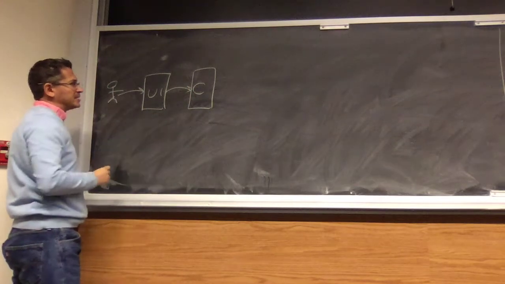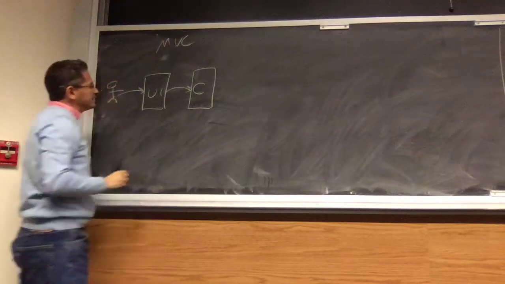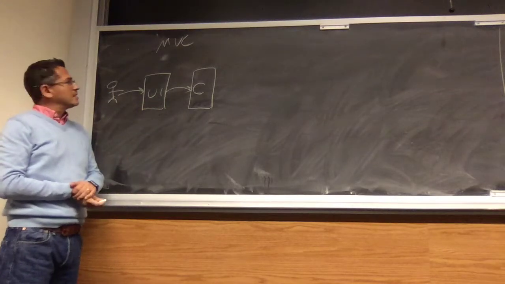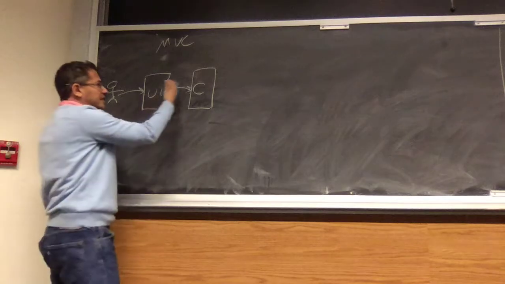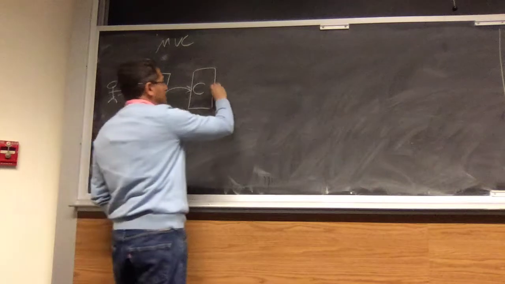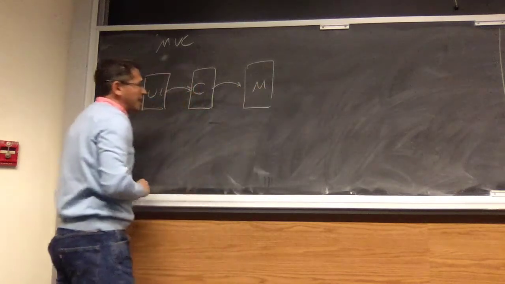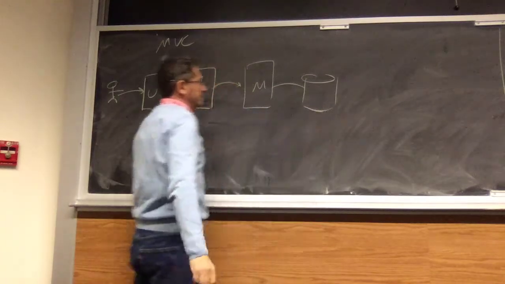Again, trying to break it up into the MVC design pattern, where the UI intercepts any interactions from the user and converts them into events that the controller can handle. The controller will interact with a model, and that model will be made permanent in the database.